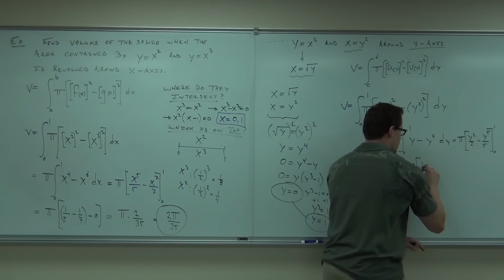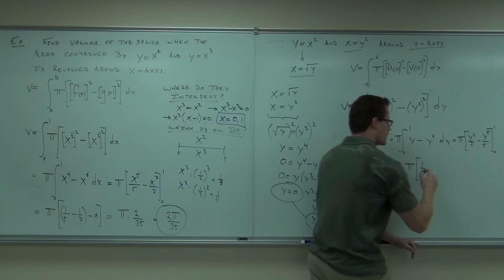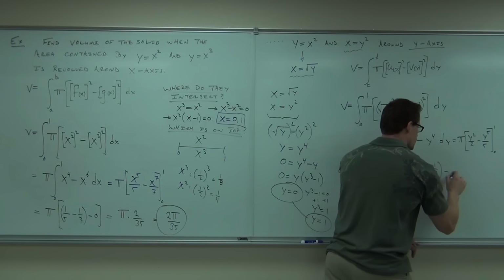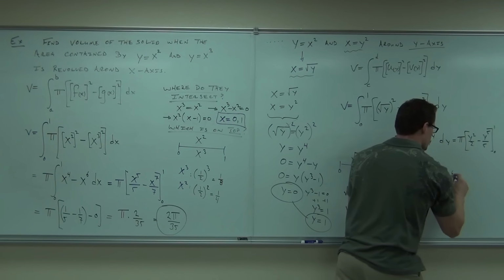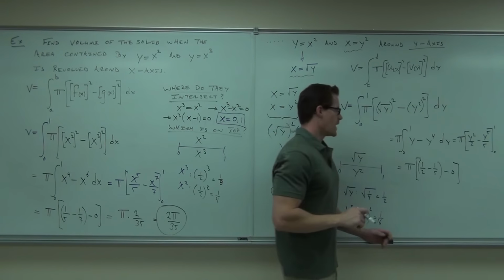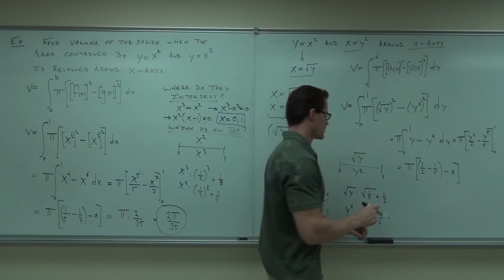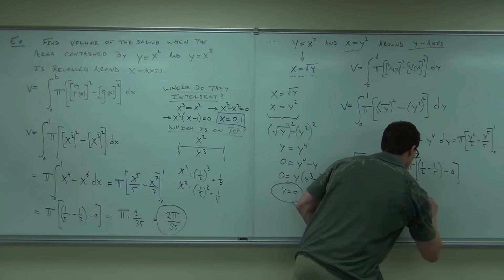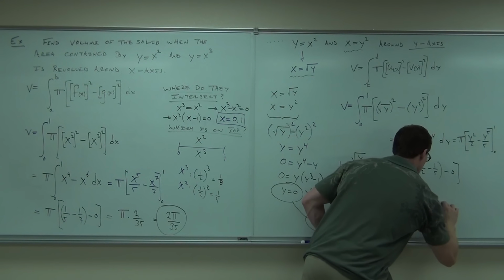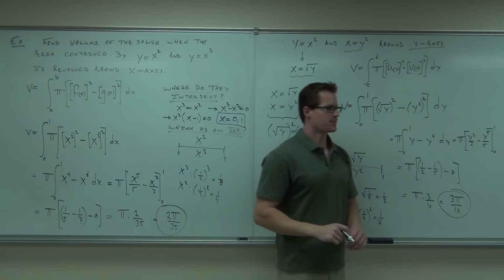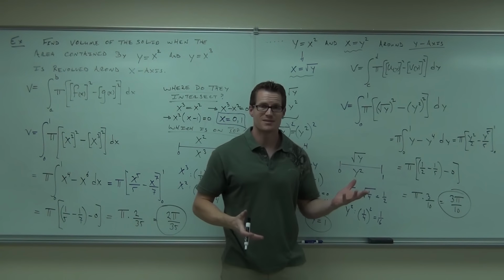So we're going to do 1 squared over 2. That's just 1/2. Minus 1 to the 5th over 5. That's just 1/5. I'll check the 0, but I know I'm getting 0 minus 0. That's still 0. 1/2 minus 1/5 should be 3/10. Bam. Not too bad.